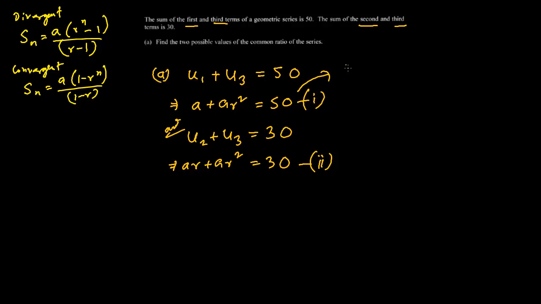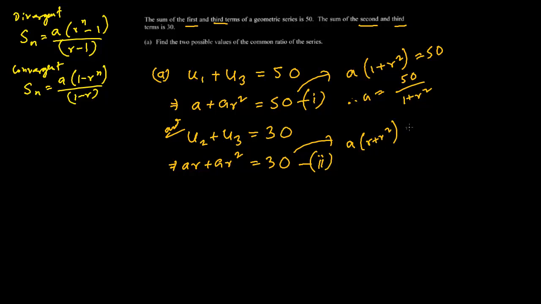What we can do here, we can take a common, and that turns out to be a times (1 plus r squared) equals 50. Therefore a equals 50 divided by 1 plus r squared. Here if you take a common, it becomes a times (r plus r squared) equals 30. Therefore we can write a equals 30 divided by r plus r squared. So we have two expressions of a.